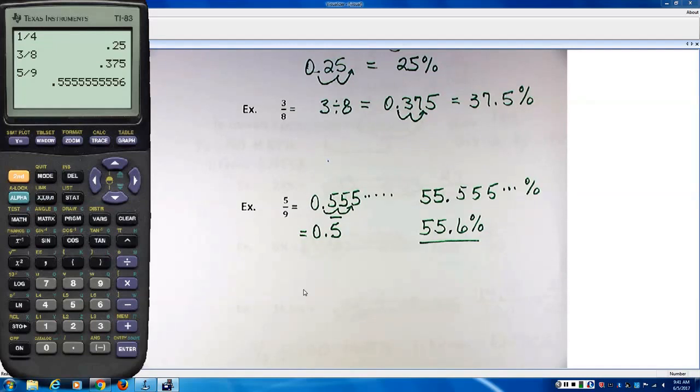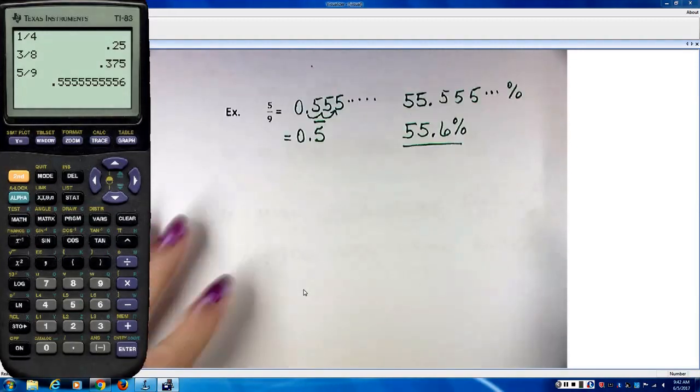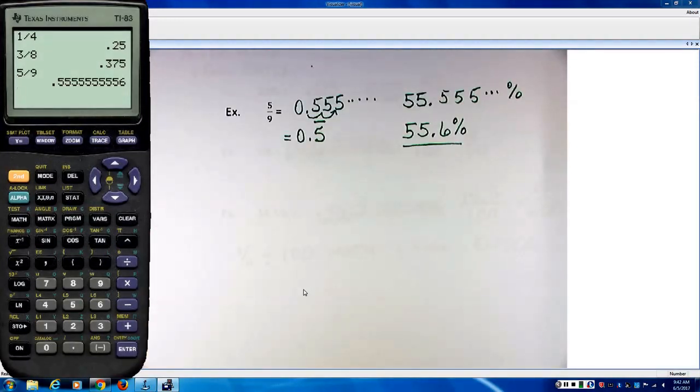If it's 5 or higher, go up 1. If it's less than 5, keep it the same as it is or erase the rest of them. And you would do that even if it wasn't a repeating decimal, if it was just a big, long, huge decimal. Like, for example, it wouldn't be common to have this kind of problem, but I'll just make one up.